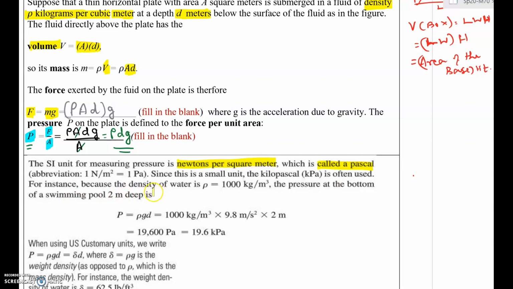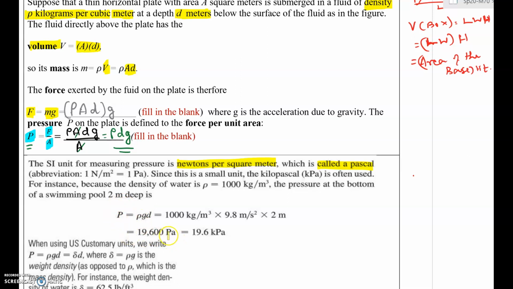For instance, because the density of water is rho, which is 1000 kg per cubic meter, the pressure at the bottom of a swimming pool 2 meters deep is, by the formula we just derived, rho g D. Rho, the density of water, is 1000 kg per cubic meter, multiplied by g, which is 9.8 meters per second squared, times the depth of the swimming pool, which is 2 meters. 1000 times 9.8 times 2 gives 19,600 Pascals.